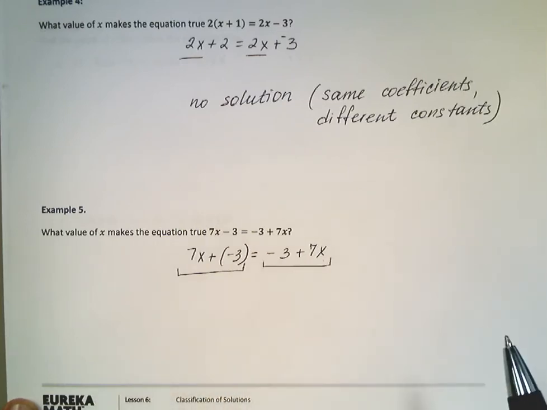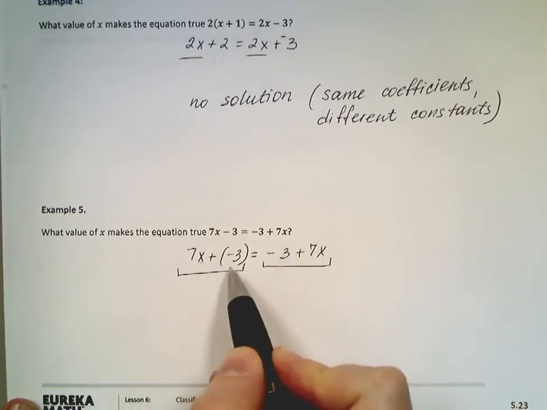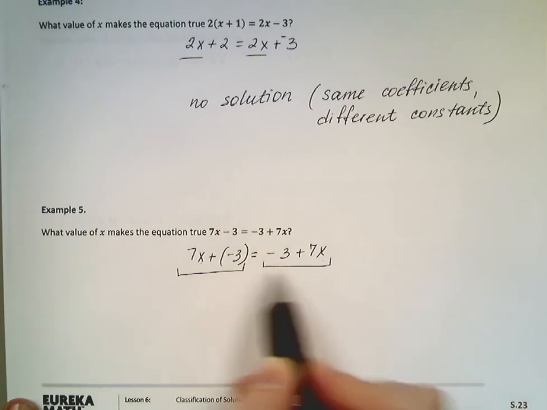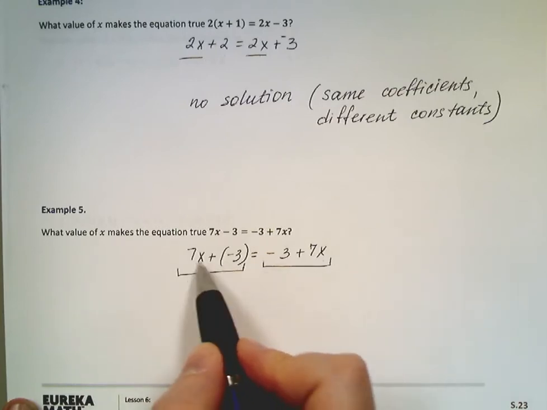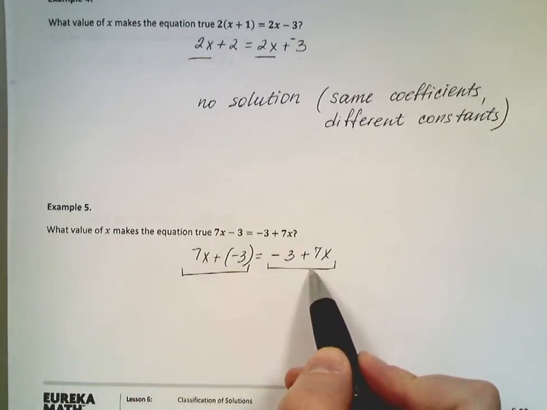If they are exactly the same, it does not matter what number my x is. It means that all of them are going to be a solution. So if my x is 1, I will have 4 on this side and 4 on this side. If my x is 2, I will have 14 minus 3, 11, and 11 on this side as well, right? It doesn't matter what x is, I will always have a solution.